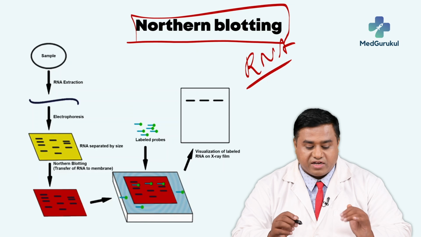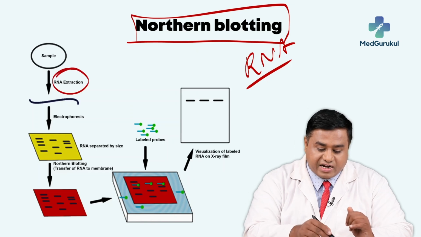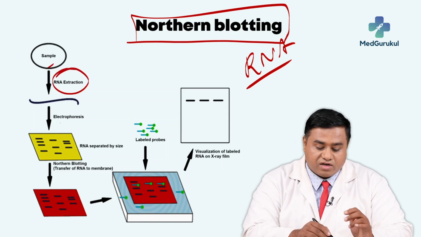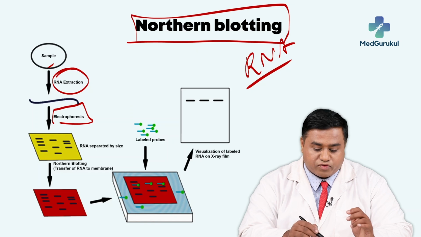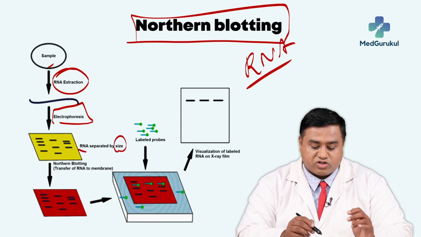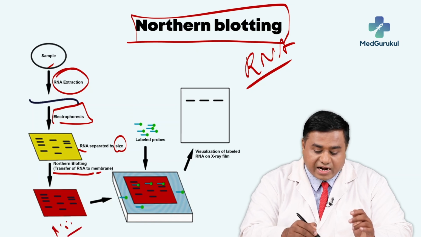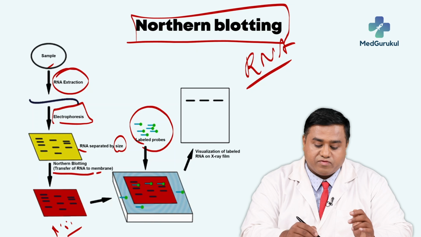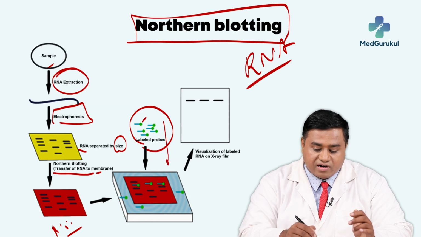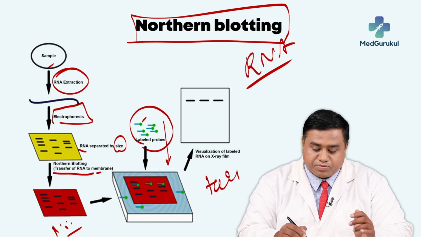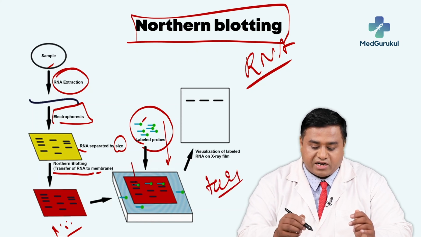How is this technique done? We extract RNA from the sample and run it under electrophoresis. RNA is separated based on size. Then it is transferred onto a membrane, usually a nitrocellulose membrane, and a labeled probe is poured onto the membrane. Wherever our target RNA is present, the probes will bind to it and give out a signal readout.